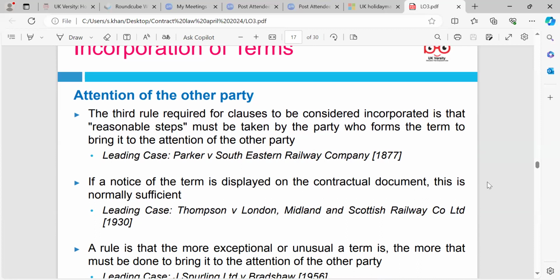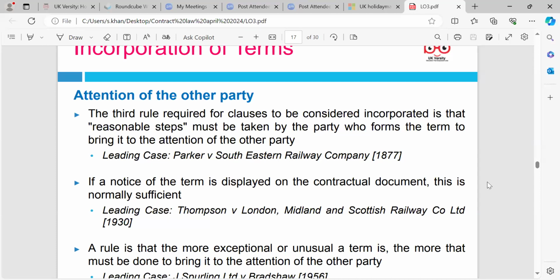In this case, Parker paid to leave his bag in the cloakroom of South Eastern Railway, SER. There was a notice within the cloakroom stating that South Eastern Railway would not be responsible for any deposits exceeding £10 in value.